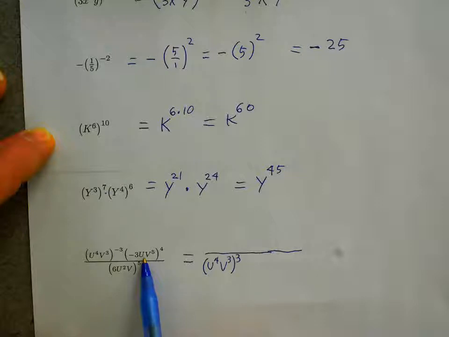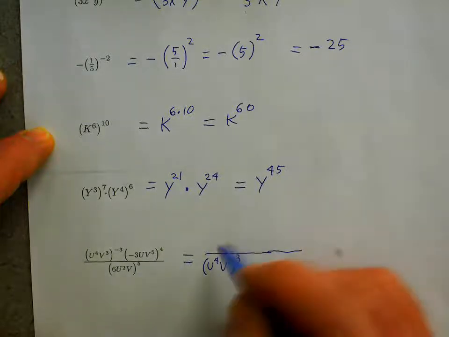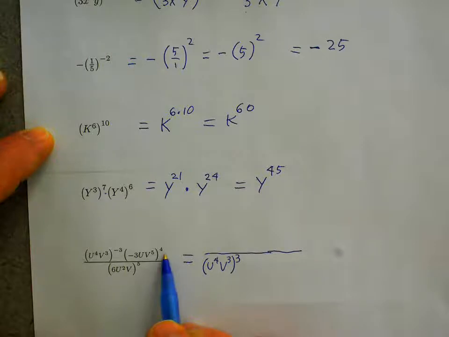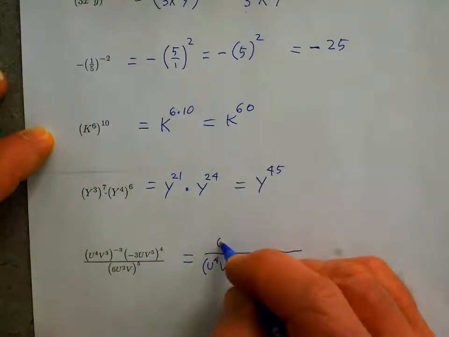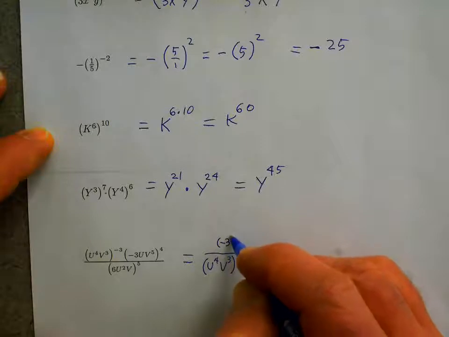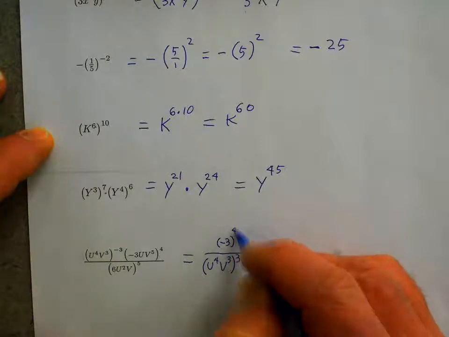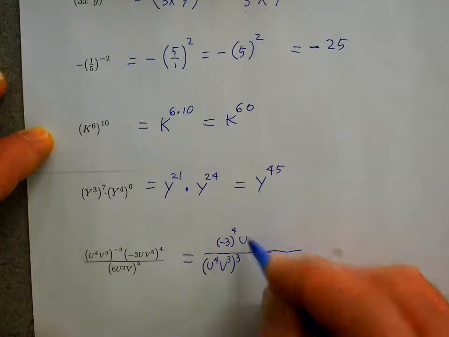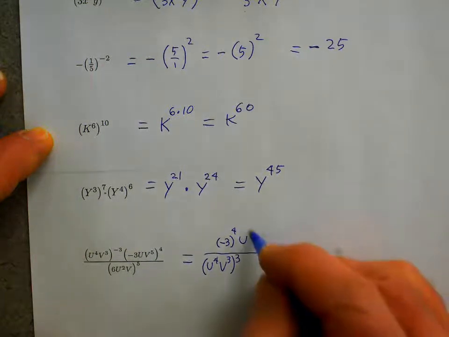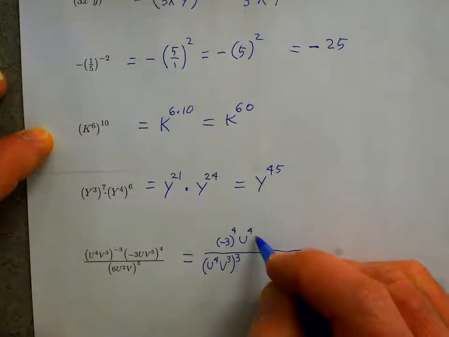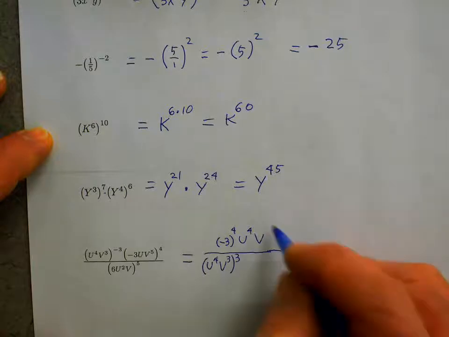In the numerator, we have -3 times u times v to the fifth, all raised to the exponent 4. So we can apply the outer exponent. Here, we're going to raise the number -3 to the fourth times u to the 4 times 1 is u to the fourth times v to the 20th.